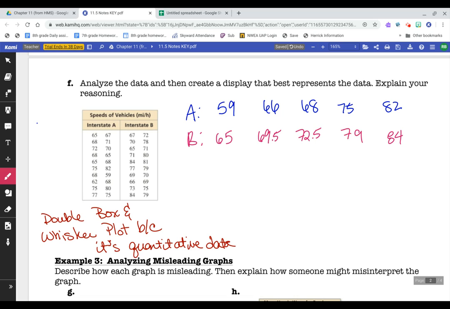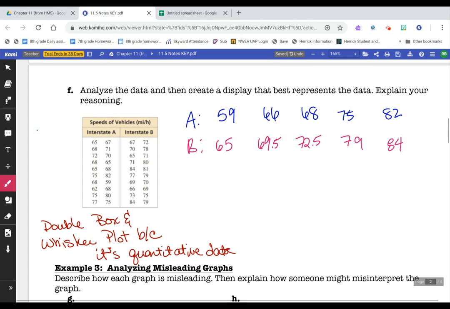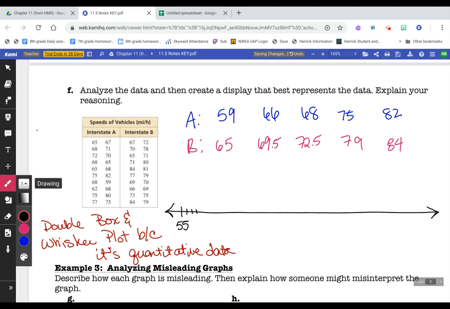We're done with that. Now, we have a smallest value of 59 and a greatest value of 84 to put on a number line. So let's draw a number line. And I'll start at 55. And I need to get all the way to 84. So I'm going to go up by ones, but I'm going to label every 5.